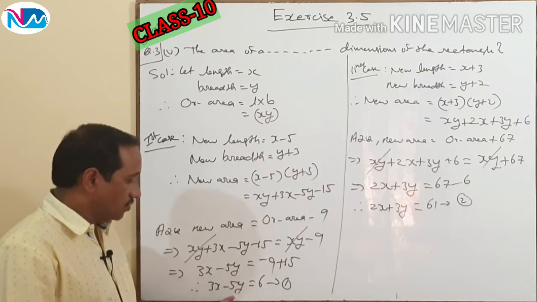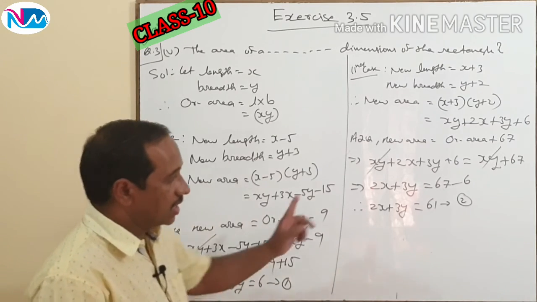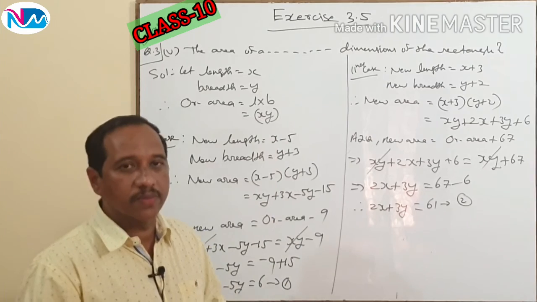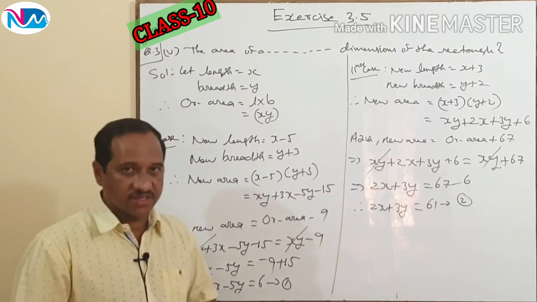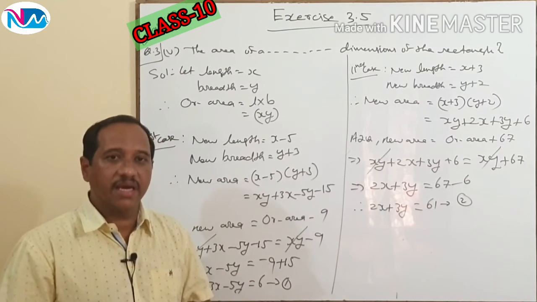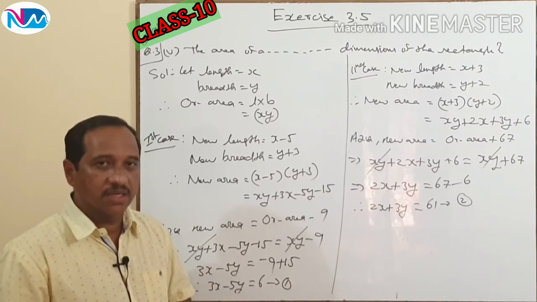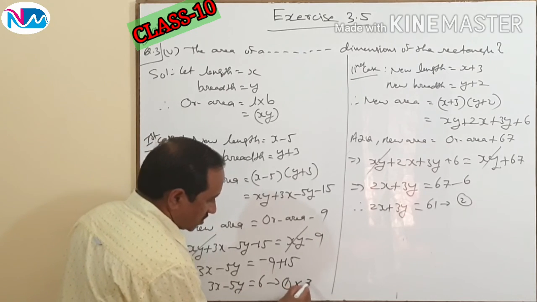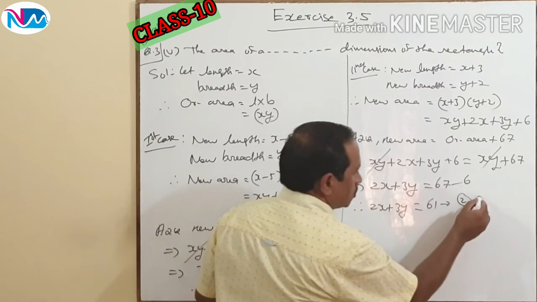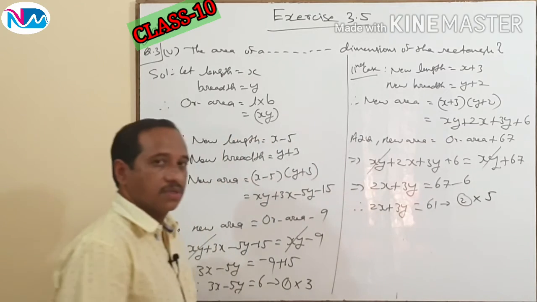In the first equation, the coefficient of y is 5 and here it is 3. So I am going to make the coefficient of y equal to 15 in both the equations because 15 is the LCM of 5 and 3. For that, I will multiply equation number 1 with 3 and equation number 2 with 5.